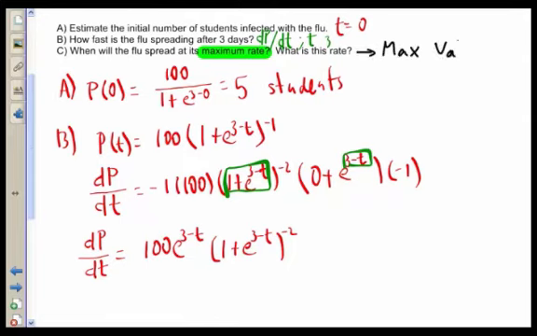And so what we're going to do is graph our equation of the derivative on your calculator. And when you do that, we'll find the maximum value of it. And when we find that maximum value, we will find the rate that we're growing. So let's do that right now.